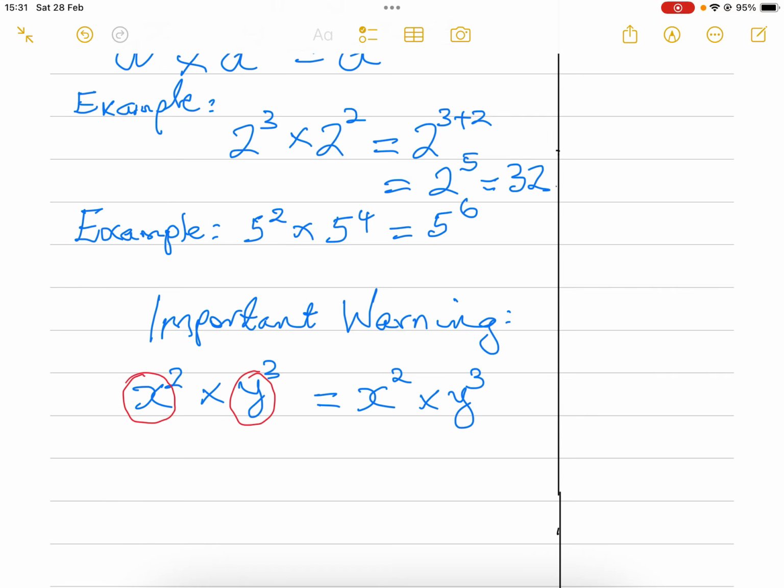So the answer remains x raised to power 2 multiply y raised to power 3. You can only add indices when the base is the same. Let's look at this example.